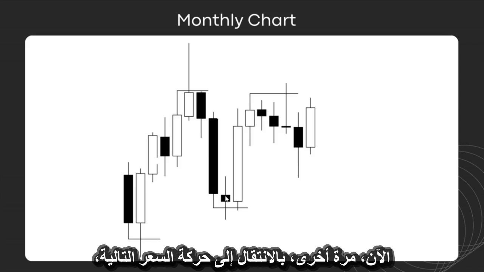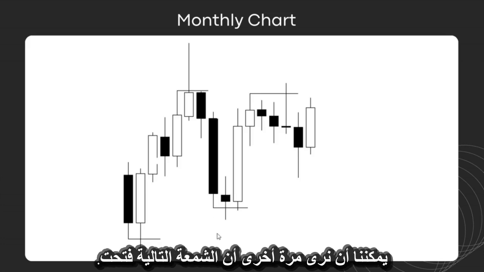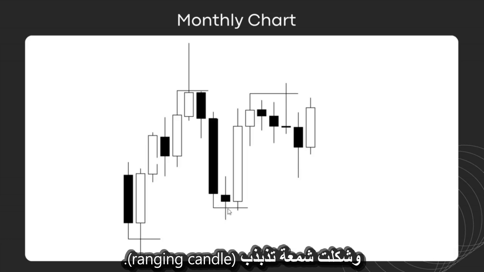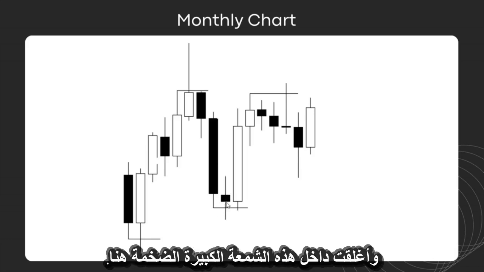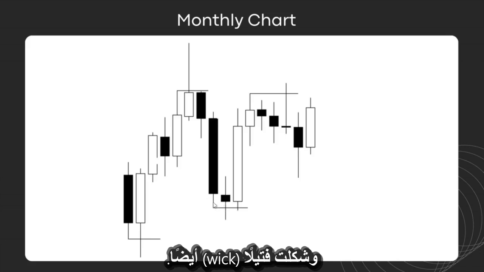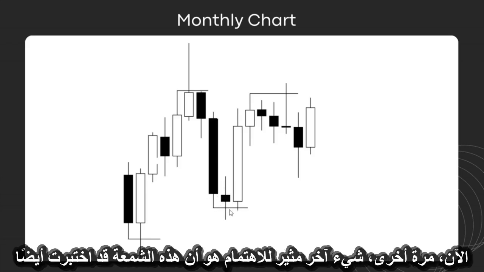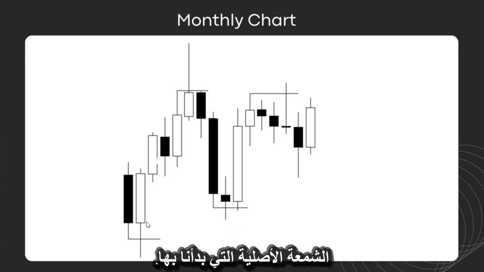Now again, moving on to the next price section, we can see the next candle opened and formed a ranging candle and closed inside this big bulky candle right here and formed a wick too, right? Another interesting thing is that this candle right here also tested the original candle that we started off with, right?